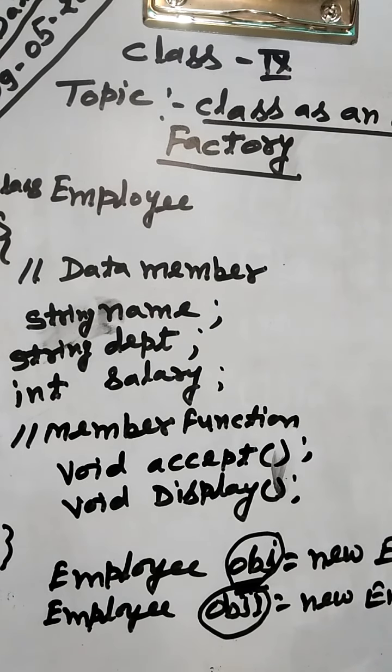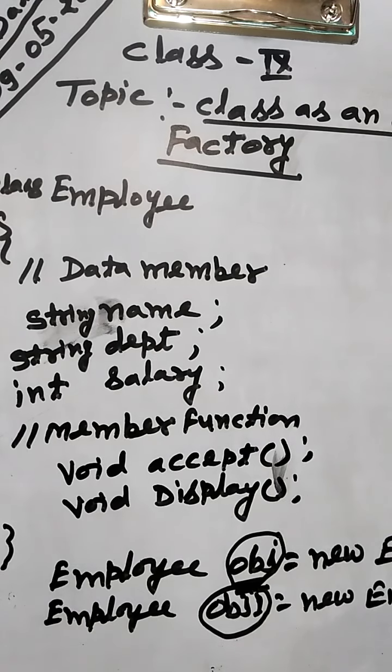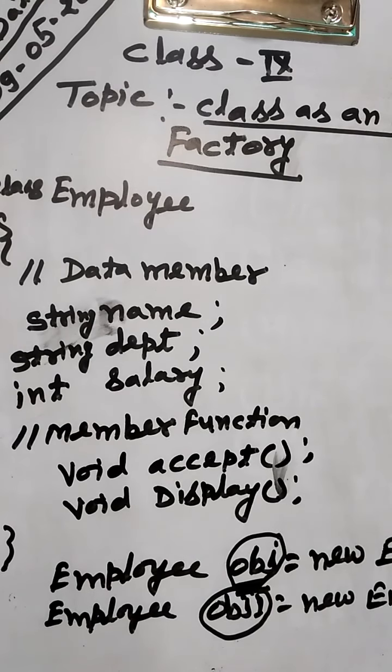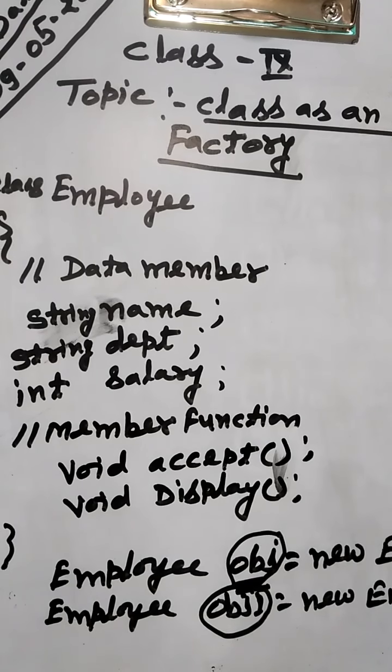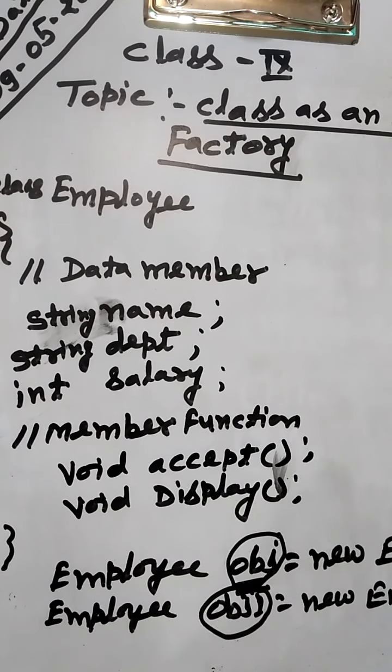So it is called a user-defined data type. That means we can create different types of data types with the combination of primitive data types. In a class, we can use more than one primitive data type. So it is called a user-defined data type.